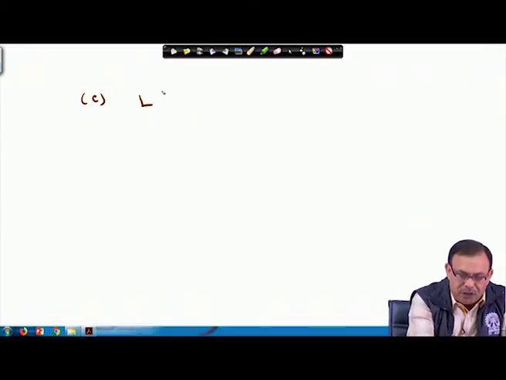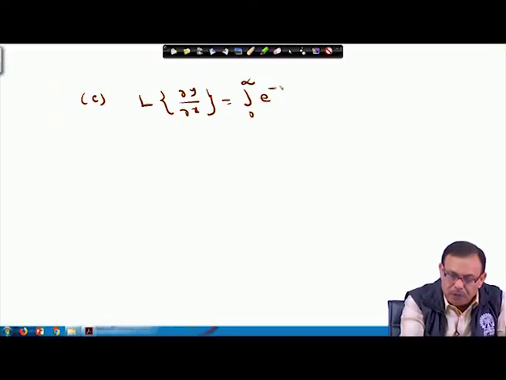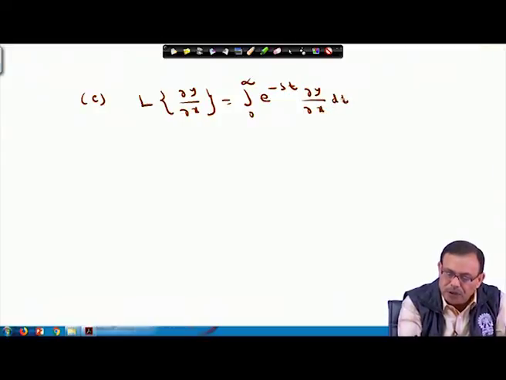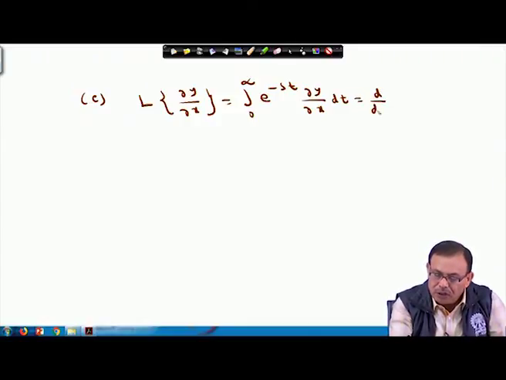For the third one, that is the C part, these are very easy. Laplace transform of del y del x equals the integral from 0 to infinity of e power minus s t into del y del x into dt. Here e power minus s t is a function of t only, so I can bring del x outside as d dx, because the rest will simply be a function of s.